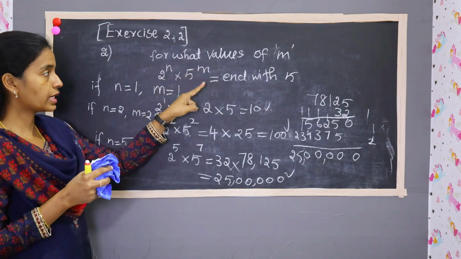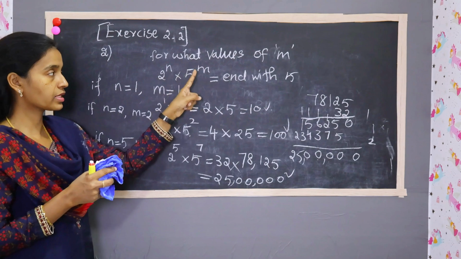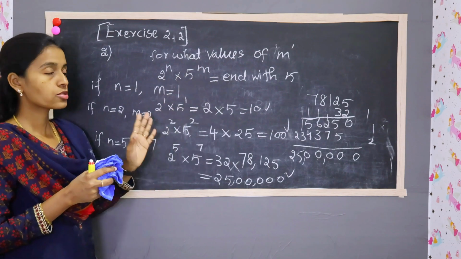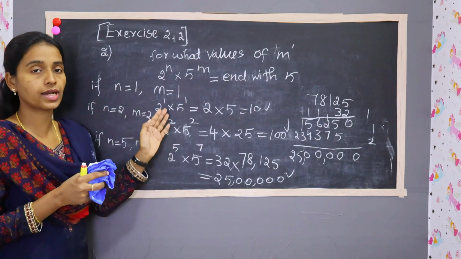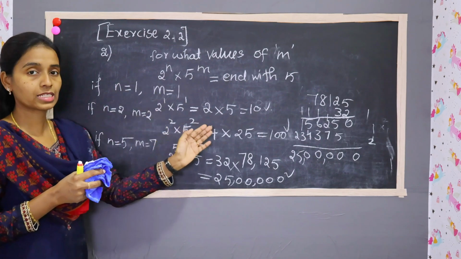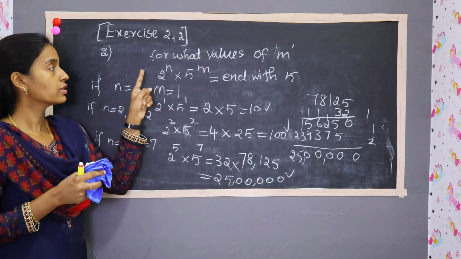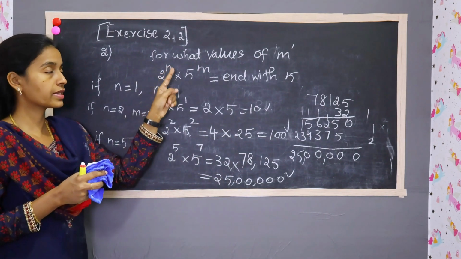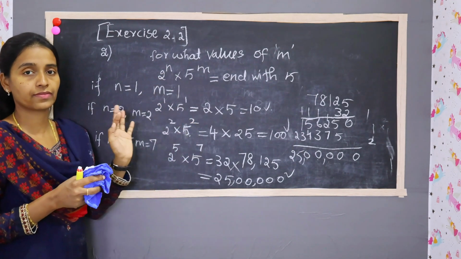For what values of m does 2 power n into 5 power m end with 5? All the answers end with 0, so 2 power n into 5 power m cannot end with digit 5.